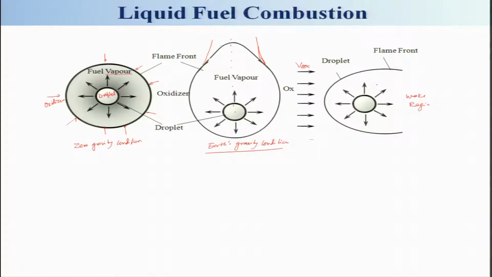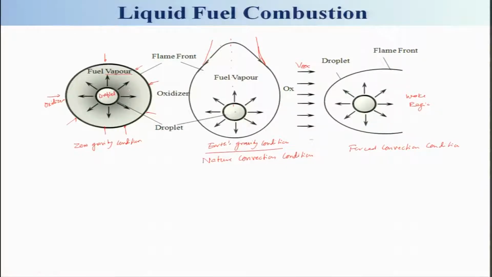What we will be doing is basically trying to look at the droplet burning under the zero gravity condition, try to analyze it and use the data for the convective flow, because this is basically the forced convection condition, and this is the natural convection condition, and this is the zero gravity.